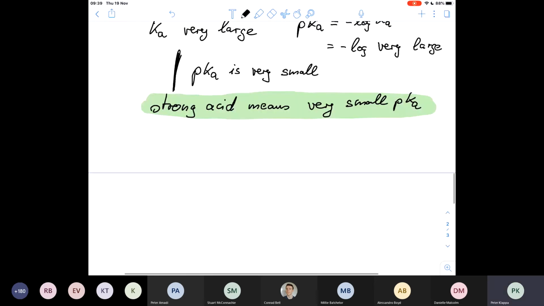Now, what about a weak acid? Let's go again for our HA example. That is a general example where HA is the acid, H plus and A minus. So this is the acid here, and this is the base.